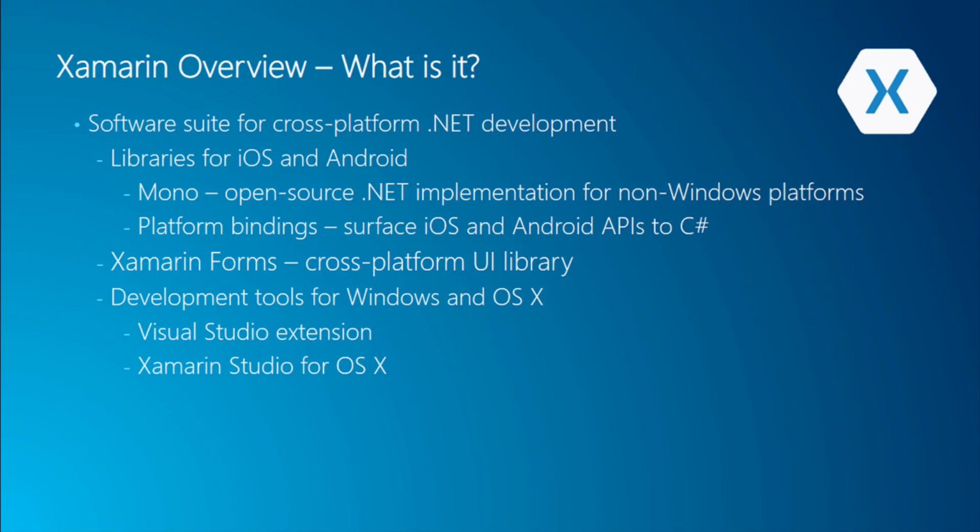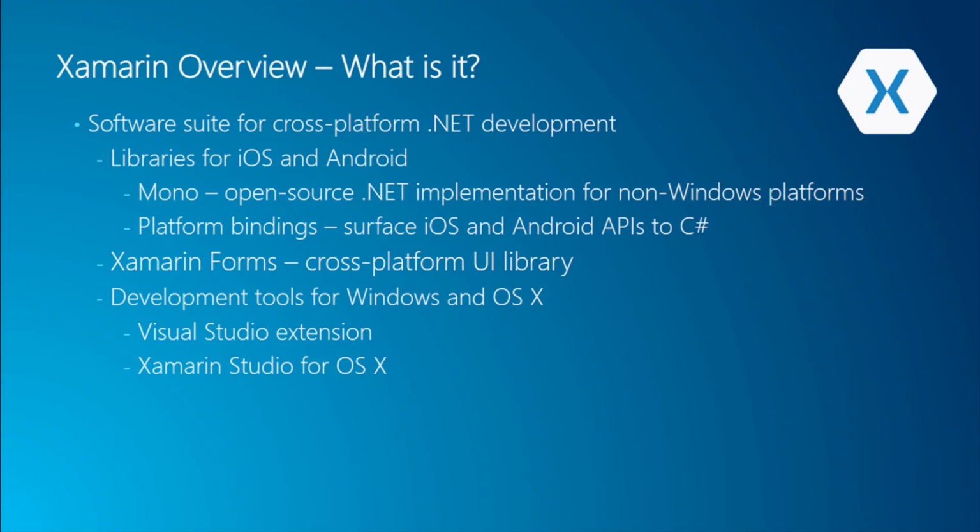On top of that, you have what you can think of as platform bindings. And this is where I think Xamarin starts to become something really interesting and really differentiates itself from some other products.